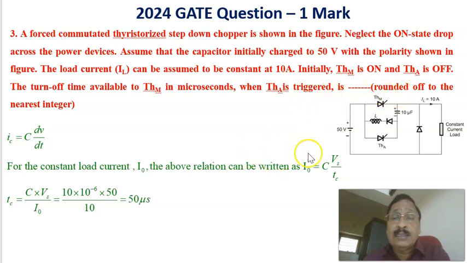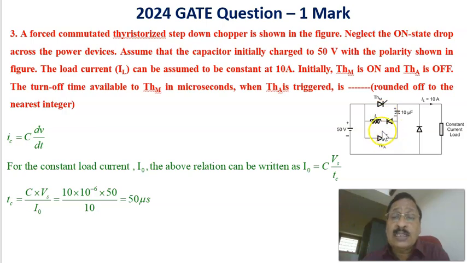In order to turn off this main thyristor, we trigger the auxiliary thyristor, so that a reverse voltage appears across the main thyristor. When the auxiliary thyristor is on, this polarity comes across, reverse biasing the main thyristor, which gets turned off.